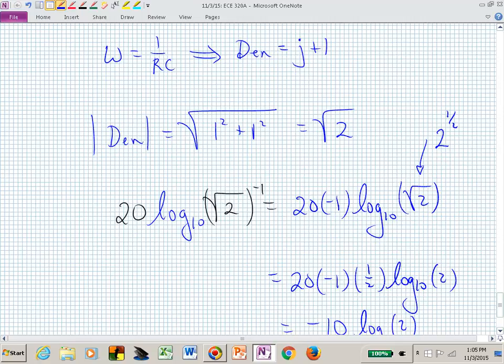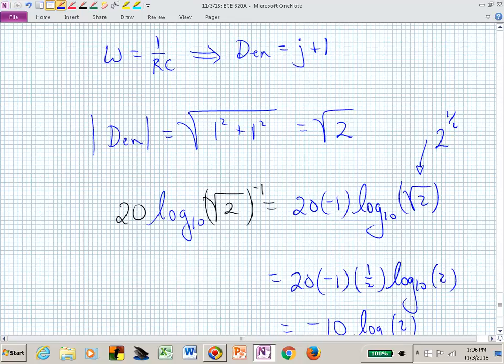Anybody have a calculator? What's the log of 2? You knew what the answer needed to be, so you just divided it by 10, and it's 0.3, isn't it?